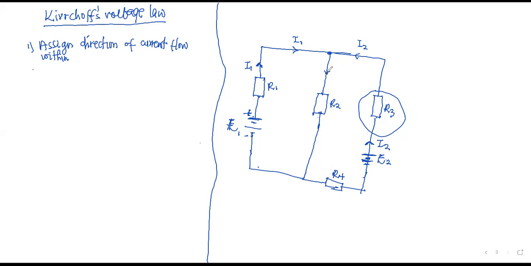So I want to denote the current leaving this junction by the letter I3. And so I can apply Kirchhoff's current law in an equation form here. That is, I3 is equal to I1 plus I2. This is equation 1.